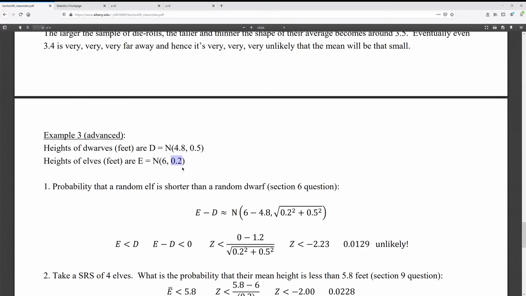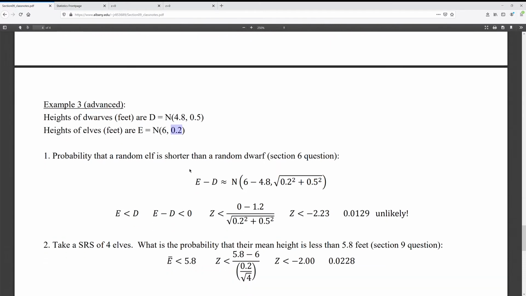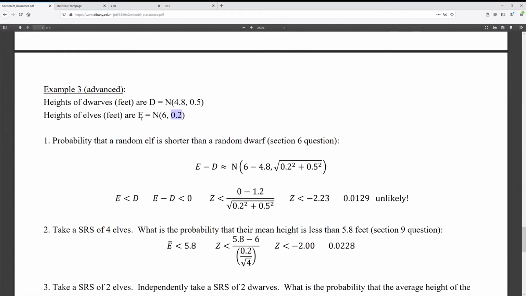And then the average of 4 of them, 0.2 over the square root of 4. So the bottom line is, I should have something written down here like E bar is normal shaped, 6, 0.2 over the square root of 4. Say again, E bar is normal shaped, 6, 0.2 over the square root of 4.